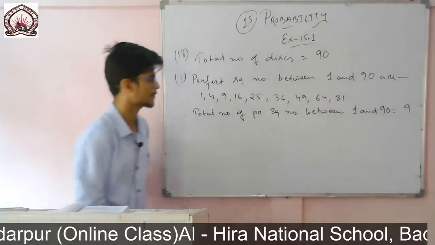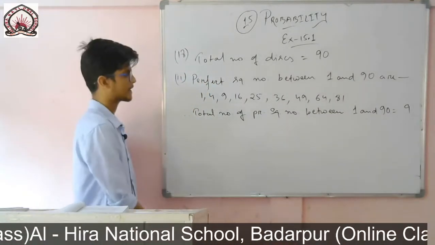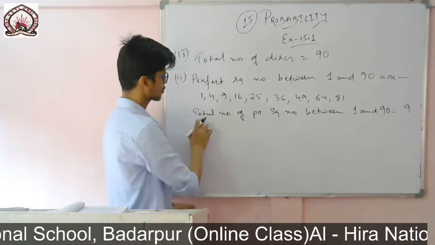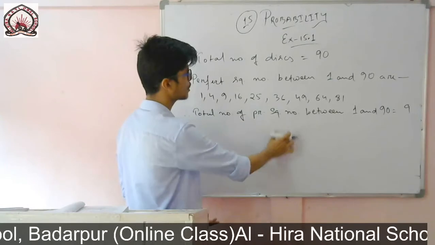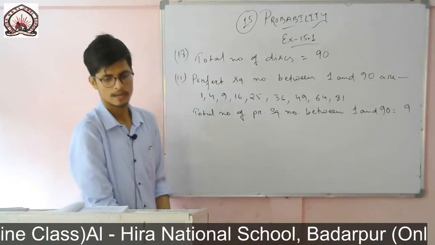You write in full: total number of perfect square numbers between 1 and 90 is equal to 9. Don't write like I have written.